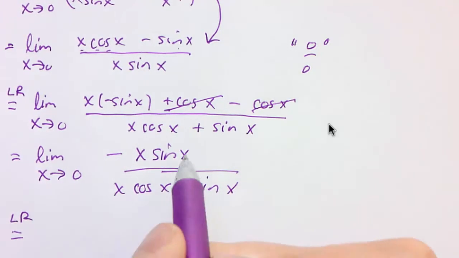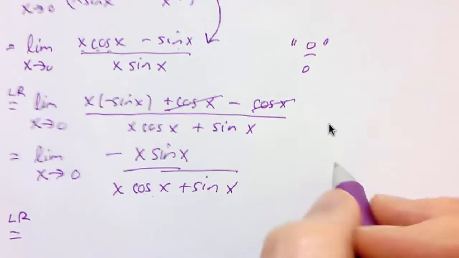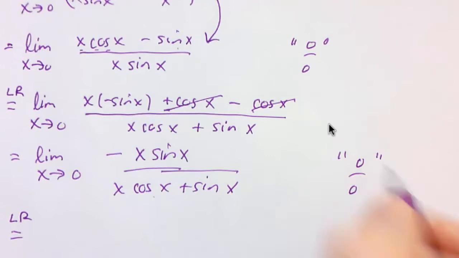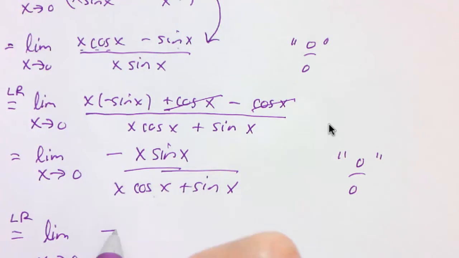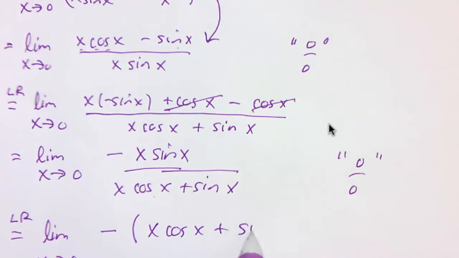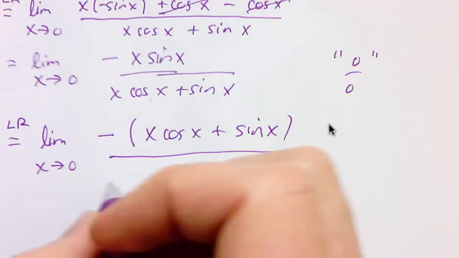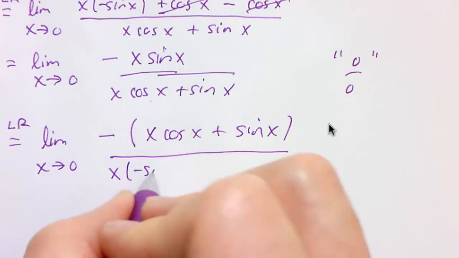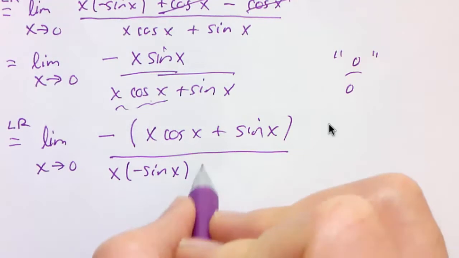Why does it apply? Well, I have a 0 here, 0 plus 0. So we're still in the form 0 over 0. Indeterminate, try again. Take the derivative of the top, take the derivative of the bottom. That minus sign multiplies everything, so we're using the product rule here.